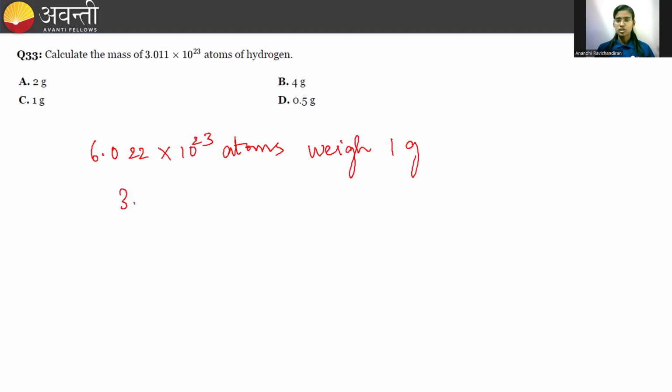And in the question, we have 3.011 into 10 to the power 23, which is half of the Avogadro number. It is 1 by 2 of 6.022 into 10 to the power 23. Got it? So if we take half of this Avogadro number, we will get 3.011 into 10 to the power 23.